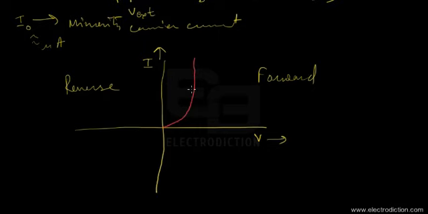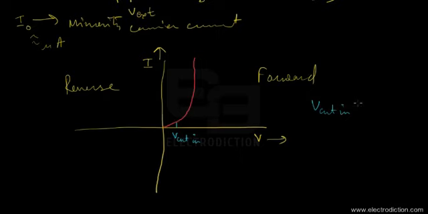Okay, so I shall discuss the details in a short while, but before that I would like to tell you about the cut-in voltage over here. There is a certain amount of voltage that needs to be overcome in order to let the diode conduct a significant amount of current under the forward bias condition. This voltage is known as the cut-in voltage.